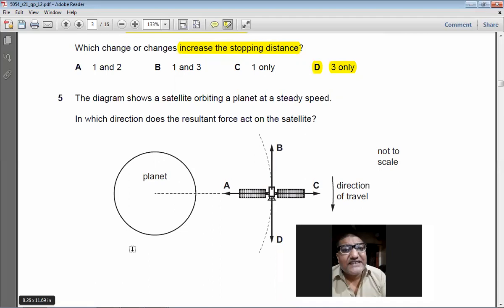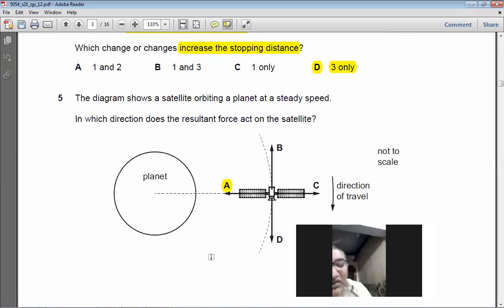So I think that A is the right option. The direction of the resultant force, which we call the centripetal force, should always be directed towards the center of the circle. So A is the right option. Question number 5, A is the right option.